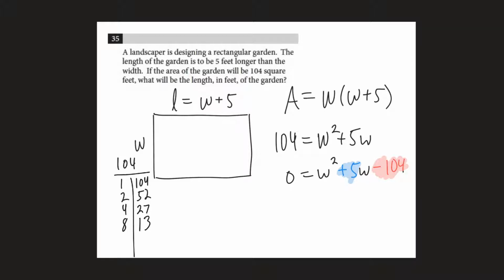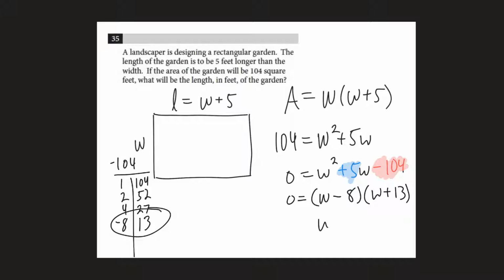Okay, well, we know that we're multiplying to a negative and we're adding to a positive 5. So if I chose negative 8 and positive 13, I think that would work. So we can factor this as (w minus 8)(w plus 13) equals 0.